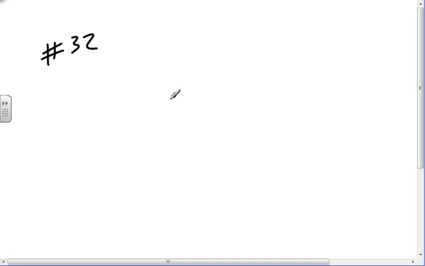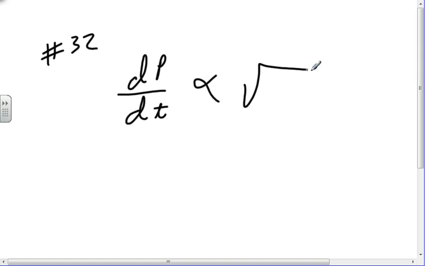The time rate of change of a population, change in population over change in time, is proportional to the square root of the population. Write a differential equation that is a mathematical model of the situation.